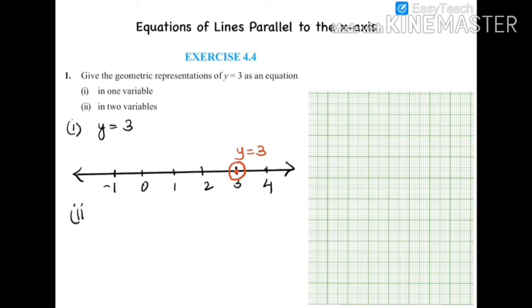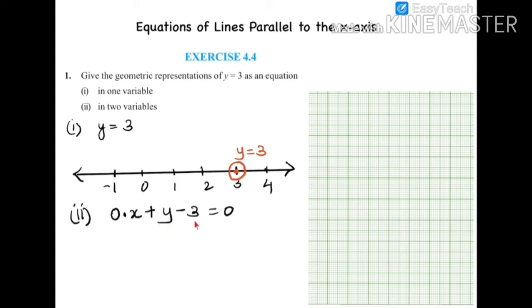But the same equation can be written as an equation in two variables as 0 into x plus y minus 3 equal to 0. I have carried 3 to the left side, and since there is no x term, I am writing the x term as 0 times x.